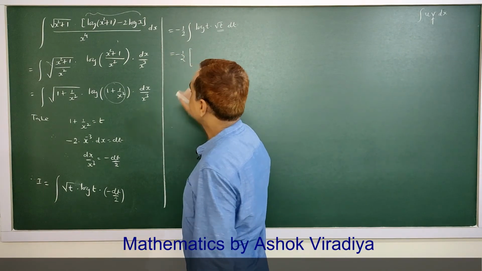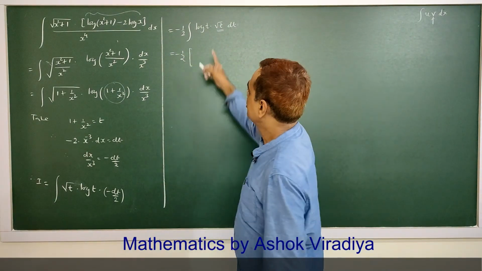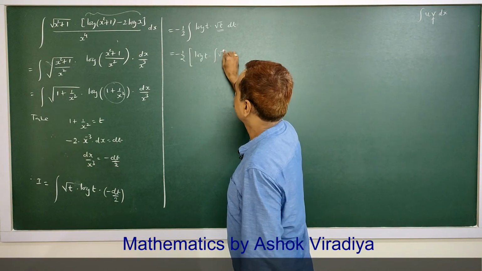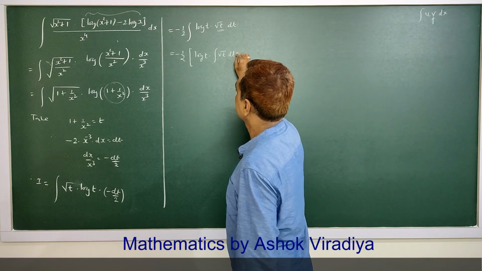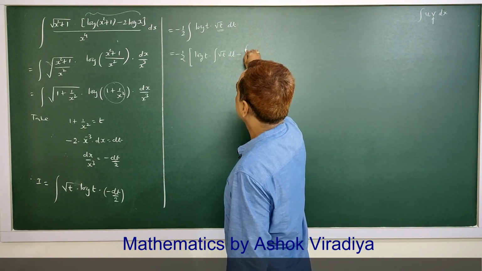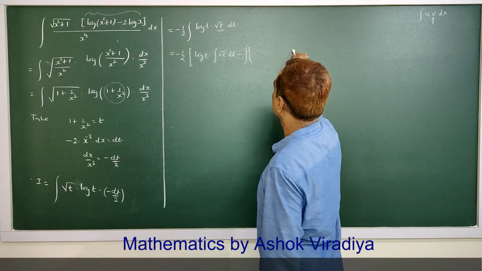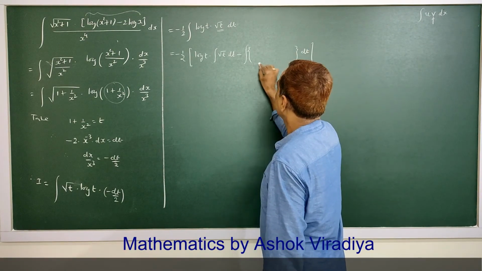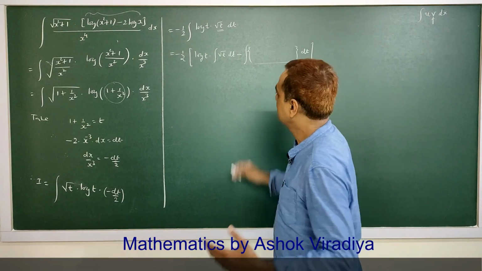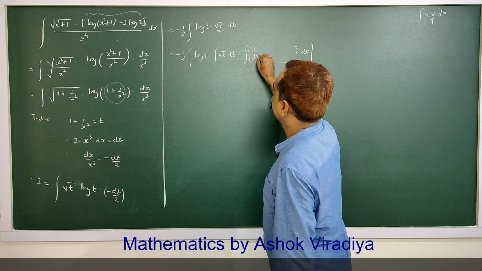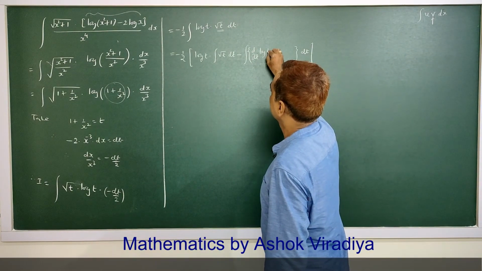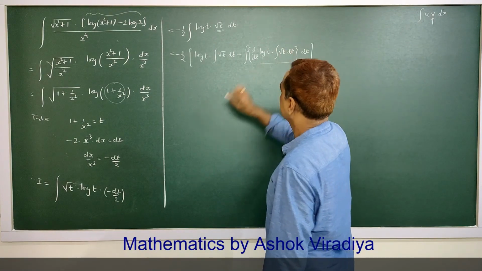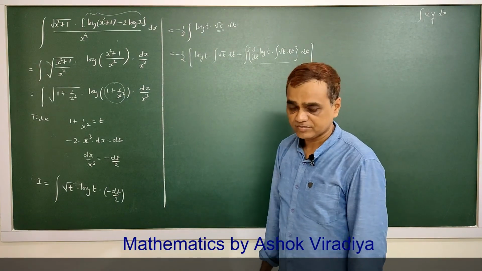So now the rule of integration by parts: u as it is, integral of v, minus integral of box with respect to t. Now in the box or bracket we put the derivative of the first function, integral of the second function, everything with respect to t.